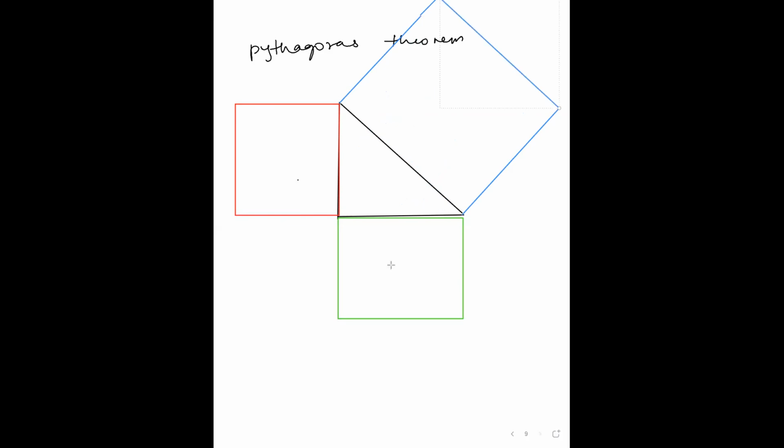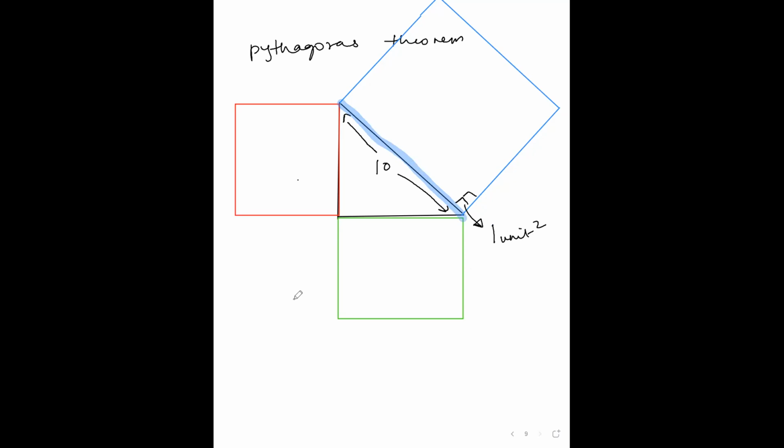Yeah, I think. So over there, each of the smaller squares had an area of 1 unit squared, 1 square unit. So if this length is 10, that means the side of this square is 10 units.